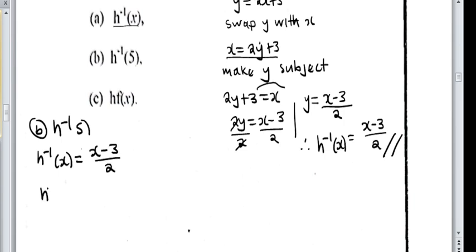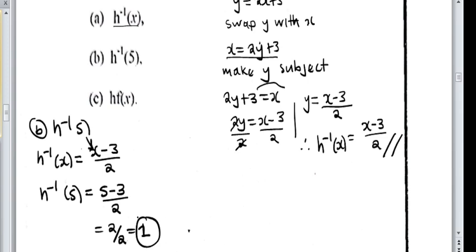So in order for you to find the inverse of 5, what you do is that where there is x, you put 5, so that it becomes 5 minus 3 over 2. 5 minus 3 is 2, and 2 divided by 2 is 1. So the inverse of 5 is simply 1. That is how you can do that.